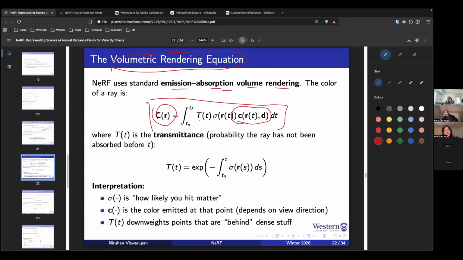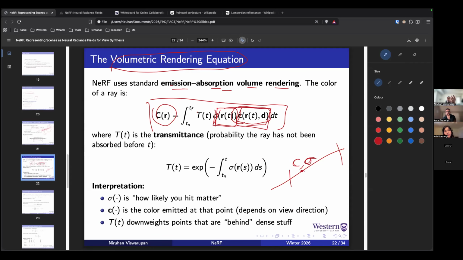You have three quantities here. One is the color of each point along that ray, and then you have the density of each point along it. Let's say you have a ray like this; within these bounds, each point will have a color and then opaqueness or density, right? For each point you multiply c and sigma, so that it gives you the strength of emission.